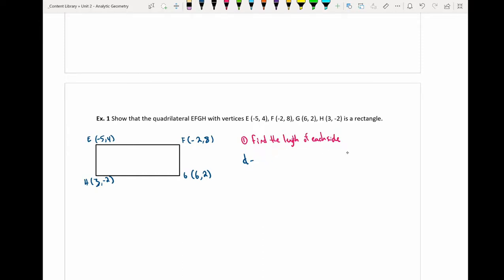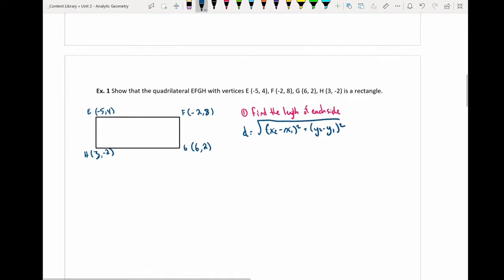Actually, let me write out the distance formula first, that way we don't have to keep rewriting it. We just do a short form. The distance between two points is going to equal the square root of x2 minus x1 squared plus y2 minus y1 squared.